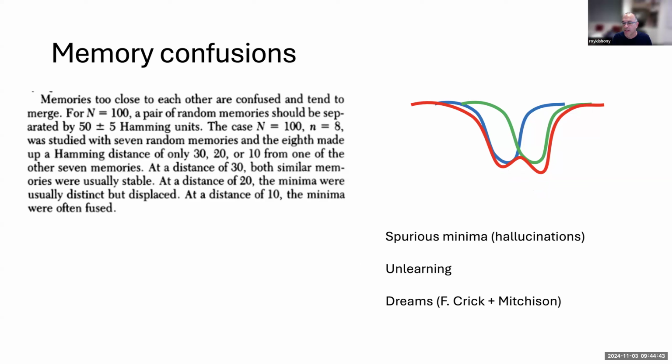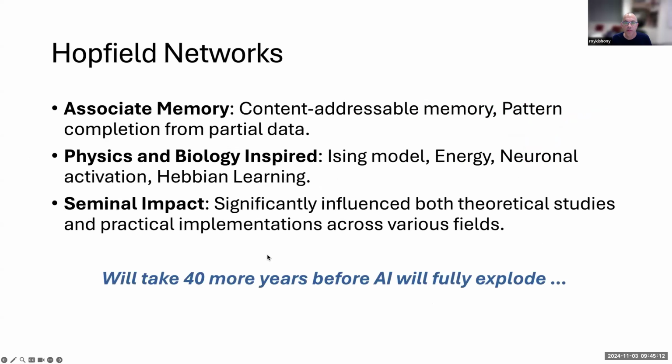For example, just to mention one, the idea promoted by Crick, from Watson and Crick of the DNA, that maybe the reason our brain dreams at night is because we set it in a random place, it goes and finds those wrong minima, and then we need to unlearn, to forget those minima. I don't want to specifically advocate for this idea, but just to say how inspiring this whole work has been. Okay, conclusion.